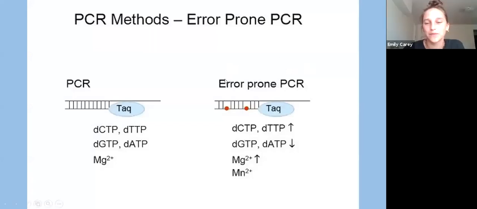So what they used in this paper was the error-prone method. With error-prone, they're randomly inserting mutations through a specified gene, where the random part indicates random places being made. Here you can see that they're using manganese instead of magnesium. Magnesium is the ideal metal to use in this case, and manganese is not. That's kind of a weird implication.